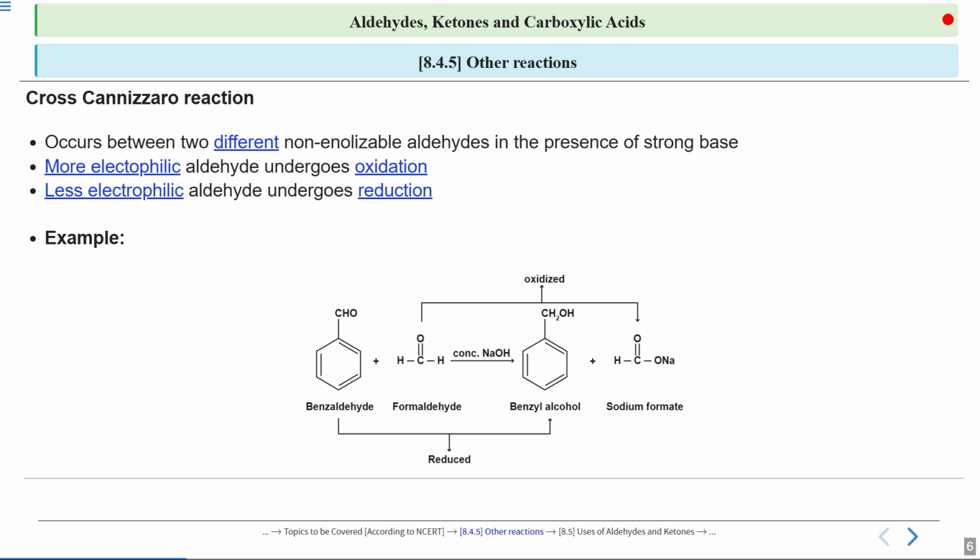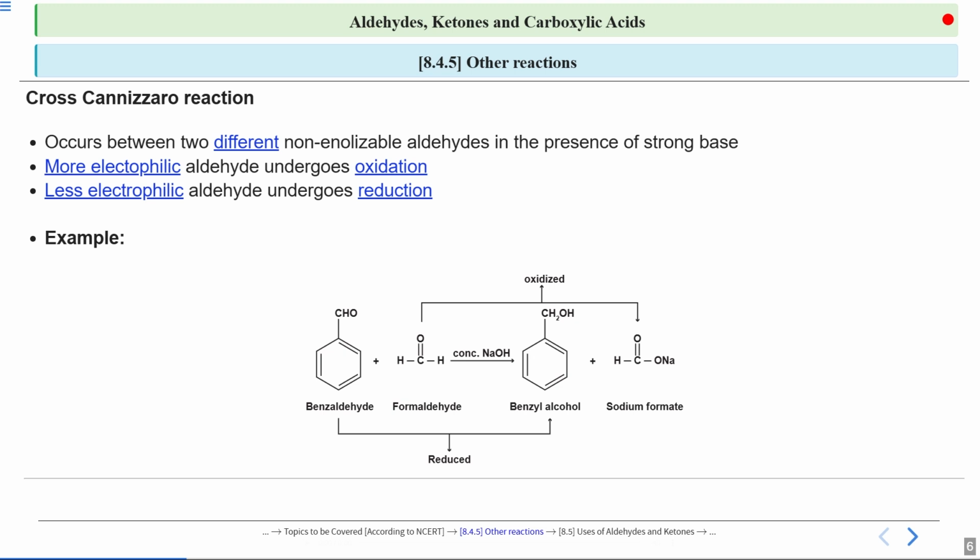Whereas benzaldehyde, which is less electrophilic than formaldehyde, will undergo reduction, so benzaldehyde is reduced to benzyl alcohol. So benzaldehyde is undergoing reduction and formaldehyde is undergoing oxidation.